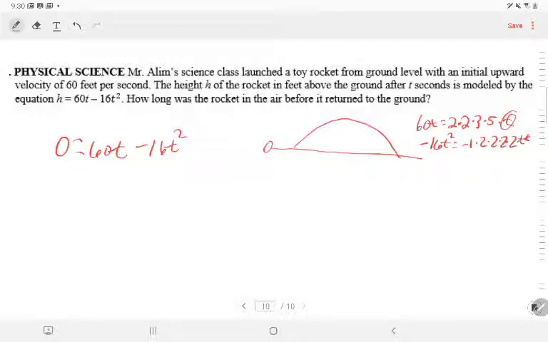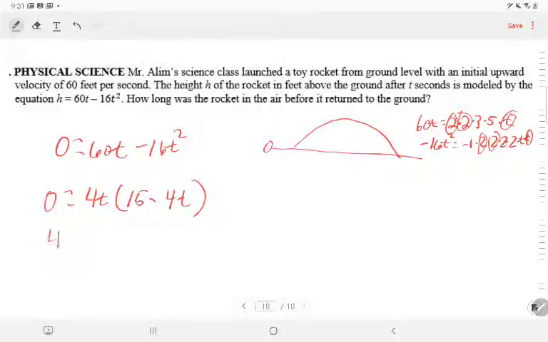Well, we have 1 t in common, and we have 2 2's in common. So that means I can pull out 4t, which leaves me with 0 equals 4t times 15 minus 4t.